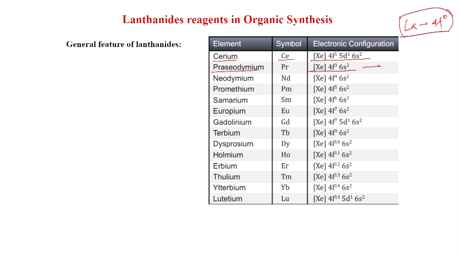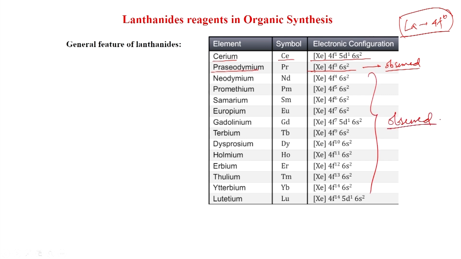Accordingly one electron would stay in the 5d, but it is coming to 4f and becoming 4f3. So, these all are observed.